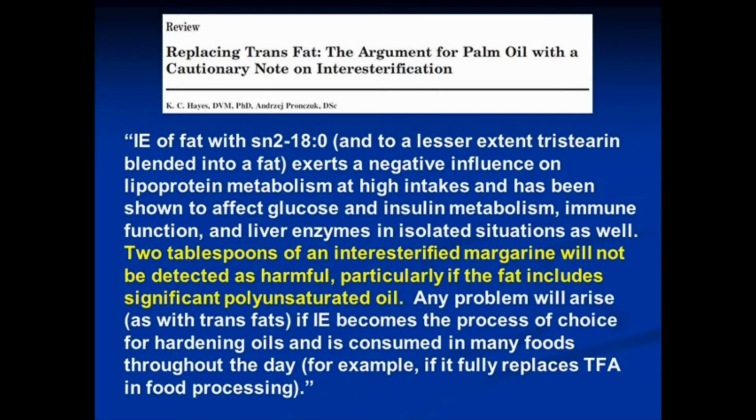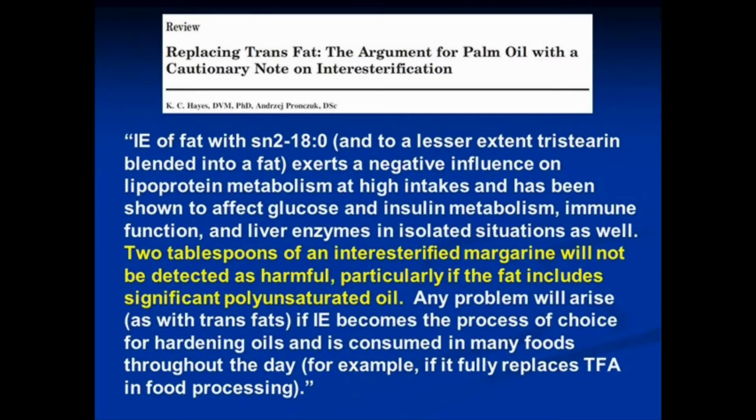The other part of the sentence, particularly if the fat includes significant polyunsaturated oil, is also really important because we see the introduction of these genetically improved seeds, soybean oil, low lin, heat stable. So we're seeing some potential opportunity where the polyunsaturated fat content of some of these oils is going down, and that would also suggest that our intake could potentially go down.